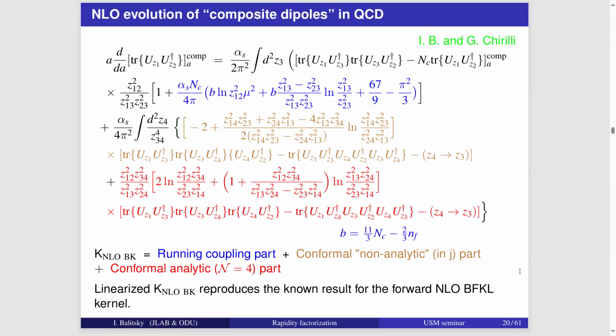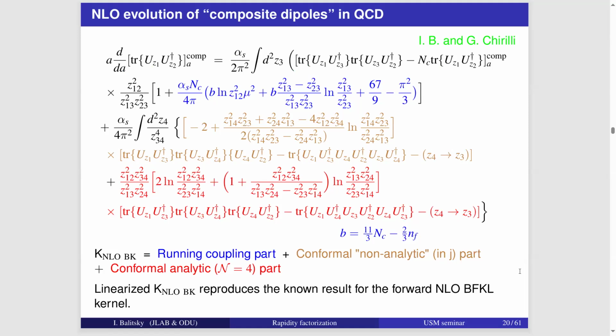This is the kernel, the leading order, and below, because the equation is nonlinear, you have 3 dipoles here and more complicated combinations. And the kernel is made from logs of the so-called conformal ratio. For QCD, it's a combination of the part which depends on the running coupling constant and two conformal parts.